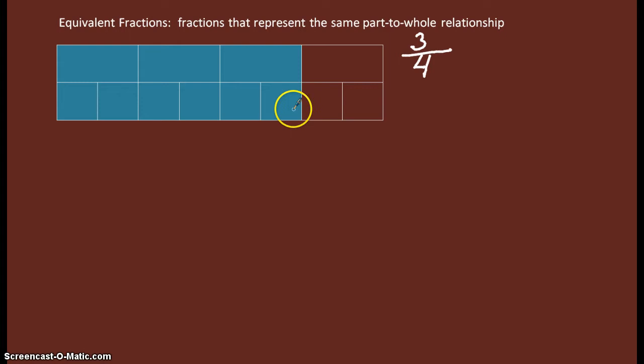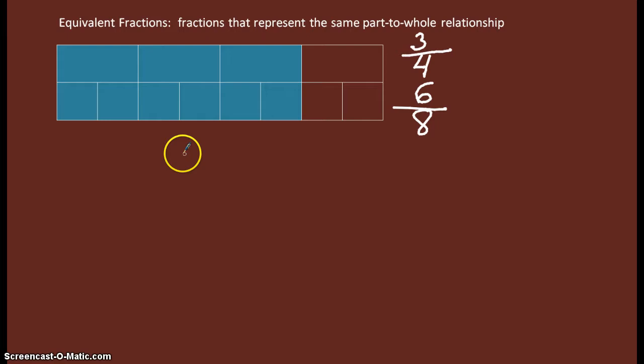they're the same amount. This bar is divided into 1, 2, 3, 4, 5, 6, 7, 8 pieces or parts, and 1, 2, 3, 4, 5, 6 of those parts are shaded in blue. So this proves to us that 3/4 is equivalent to 6/8.